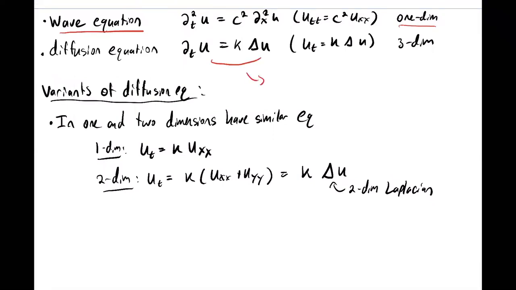You can write these instead as utt is c squared Laplacian of u, or ut is equal to k times Laplacian of u. These are the more general forms of the wave or diffusion equations, which you'll typically see. The dimension of the Laplacian will be given to you from context.